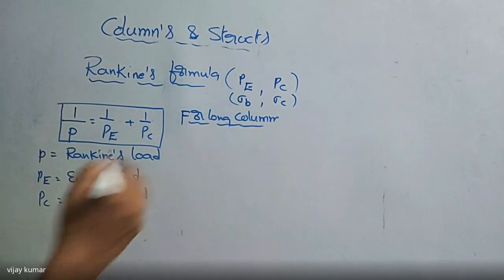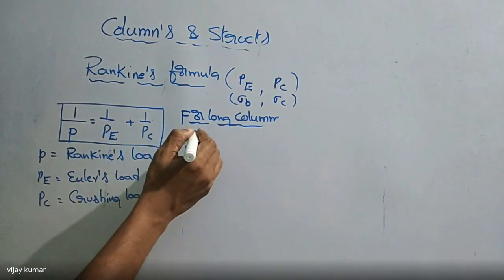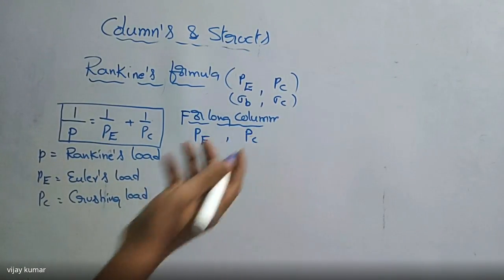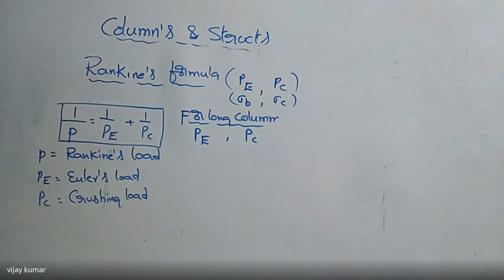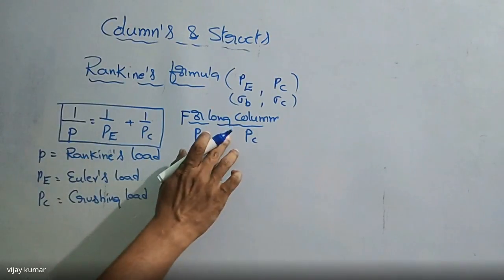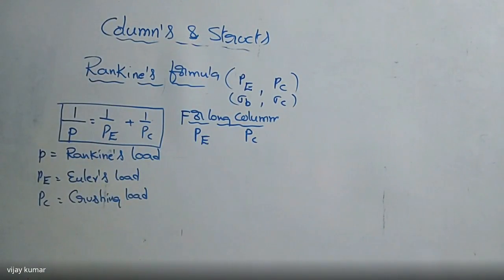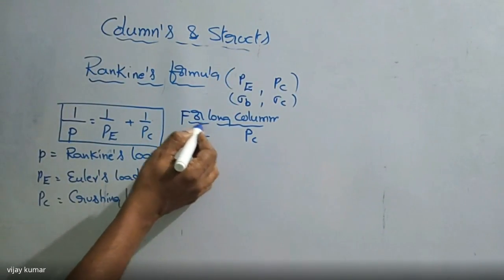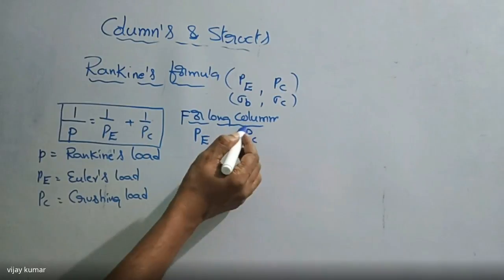For a long column, there are two loads: PE and PC, that is, Euler's bending load and crushing load. Now tell me, between these two, which load is more? For a long column, the column may fail in bending. It never fails in crushing.